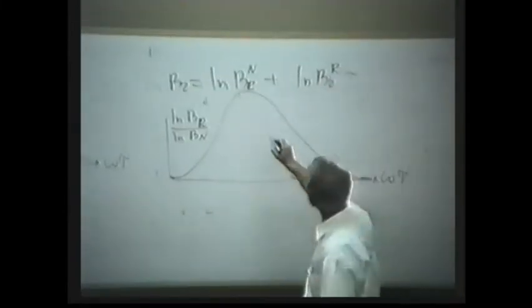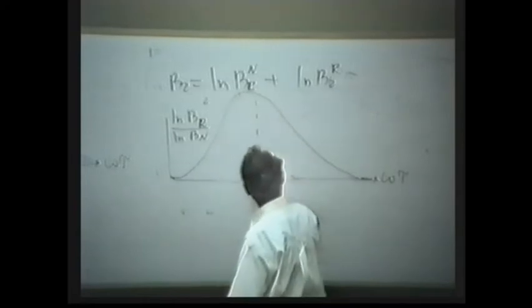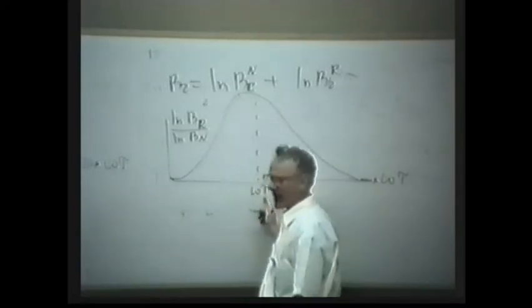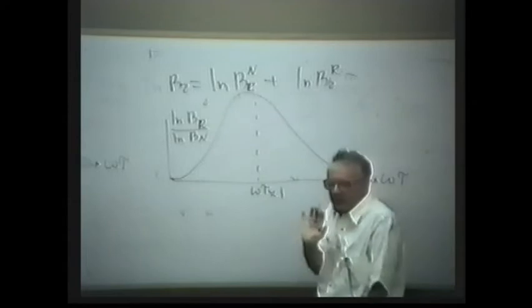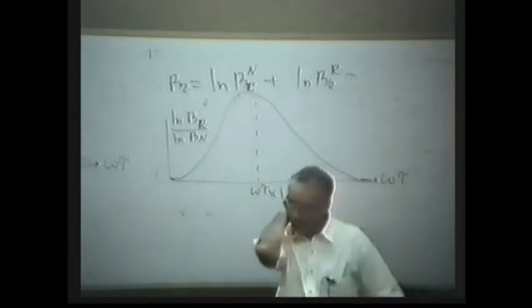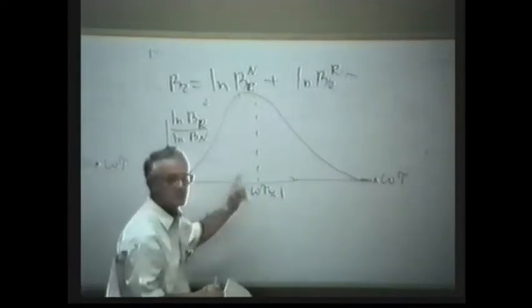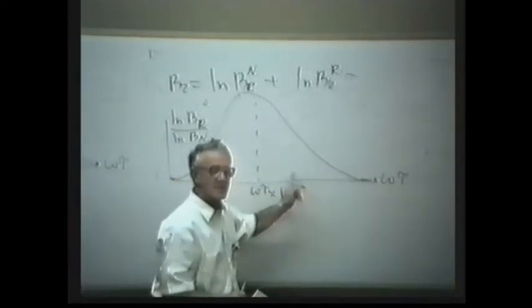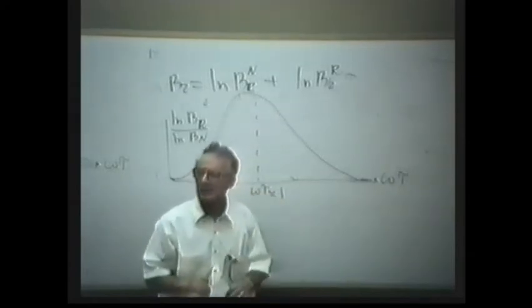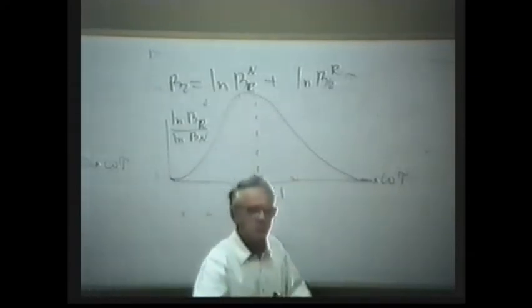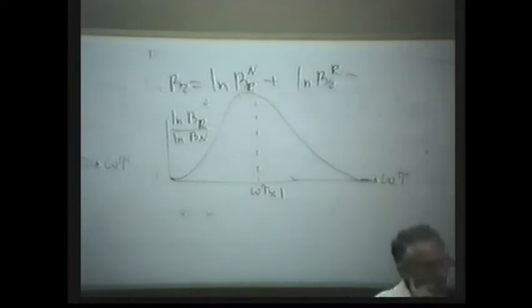And it turns out this maximum takes place around omega tau equal 1. Not exactly 1, but around 1. So there is a window. There is a window where you only see your conductor.